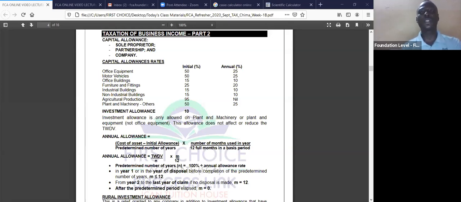In the second period, it is not treated. So the asset belongs to the first of the two years of assessment. In that example, when you bought an asset in, say, October, it belongs to year 1, even though year 2 also has an overlap of that period. You will not consider it for initial allowance in year 2, just year 1.